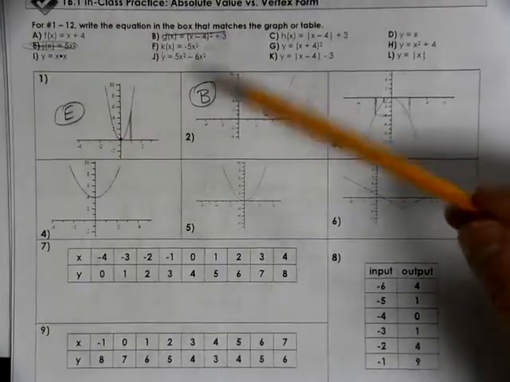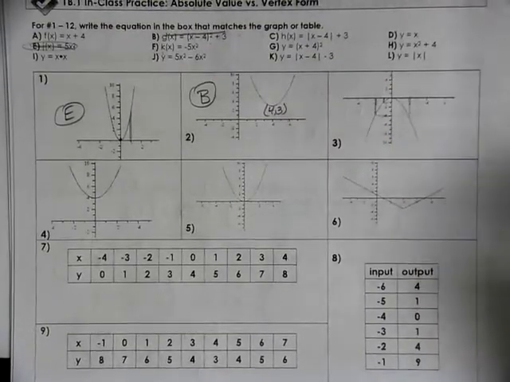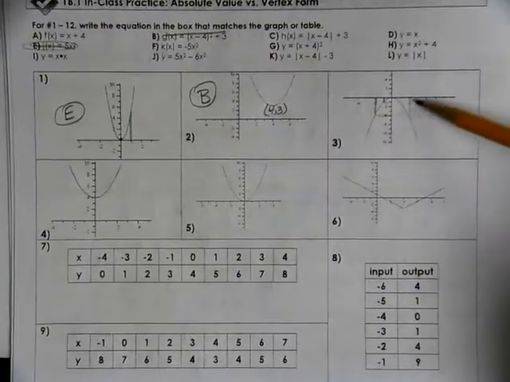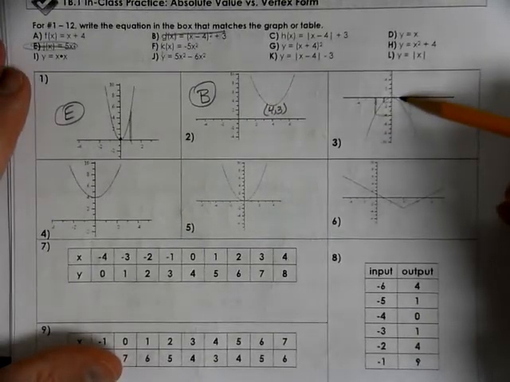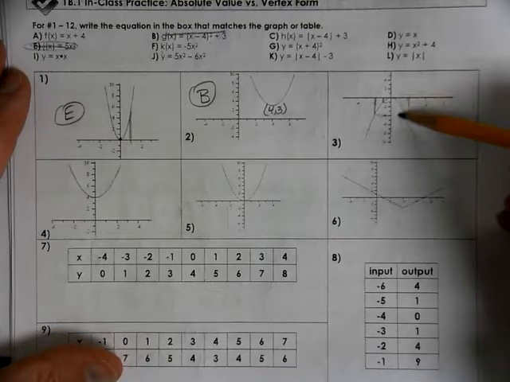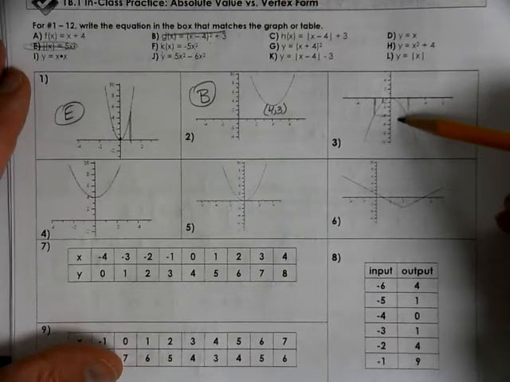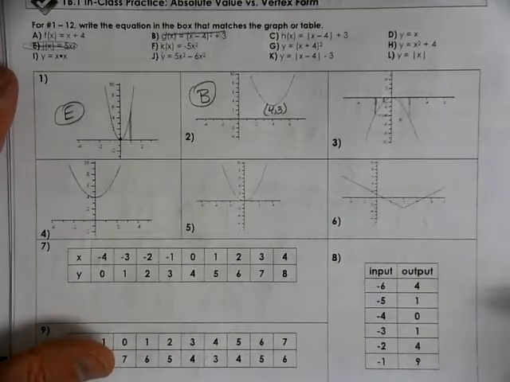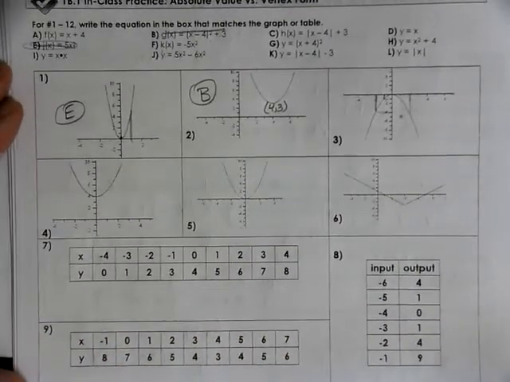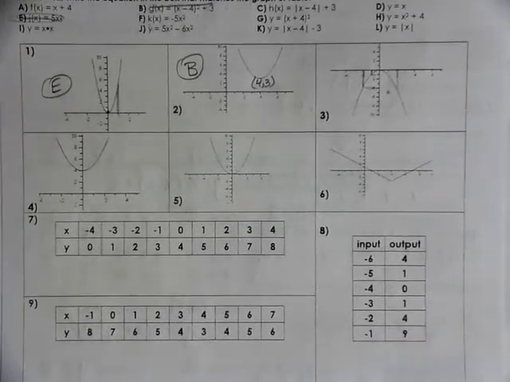As we look at number 3, F is the only one that makes sense, being a negative x squared, but I don't see that as being when x is 1, y is negative 0.5. Nowhere close to that. So we're going to hold off on that particular answer. Let's move on to another one and work your way through these.